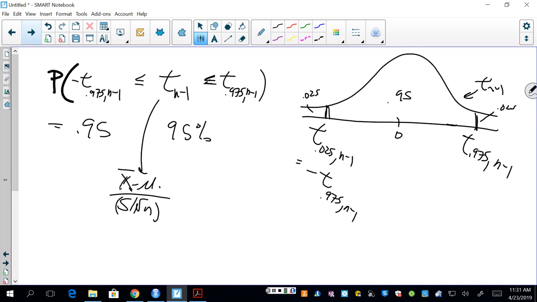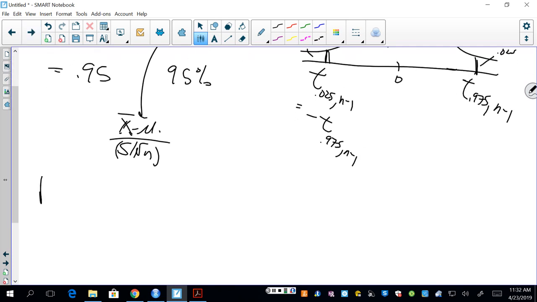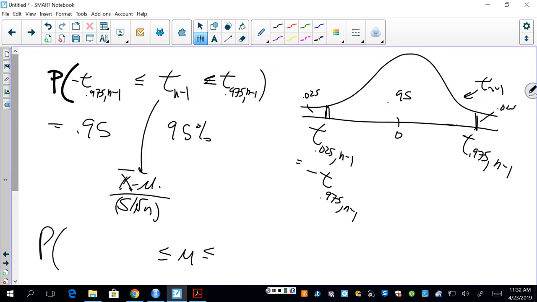And we can rearrange the symbols a little bit to write a new equation. Actually, it's taking the lower half and rearranging it, and then taking the upper half and rearranging it so that mu is in the middle. Right, so if you imagine one equation with mu in there, you could solve for mu.